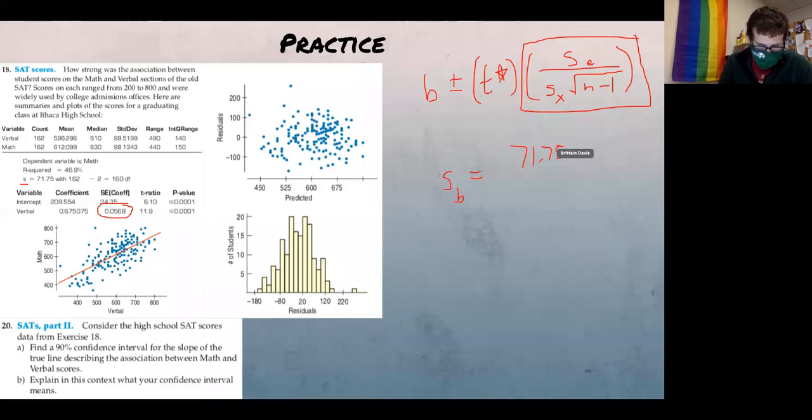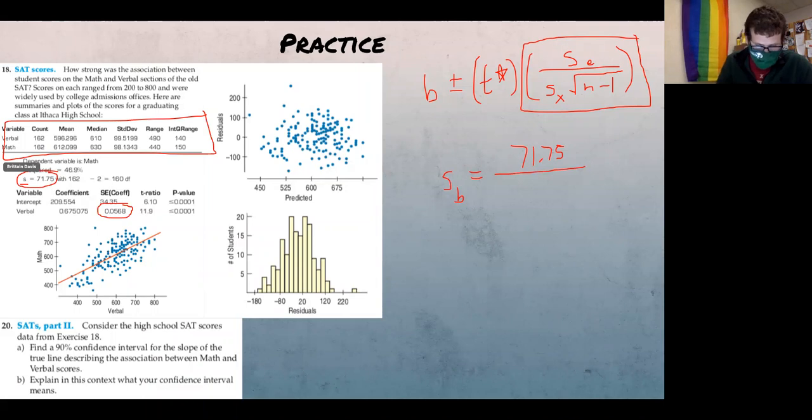That number is probably going to be given to you. The other one that we need might not be, because you don't always see this part of the printout. In here, it gives me the standard deviation of 99.5199 for verbal. Since verbal is my X value, the standard deviation of my X value is given right there, 99.5199.